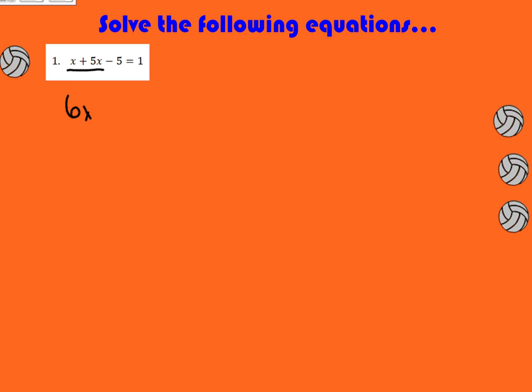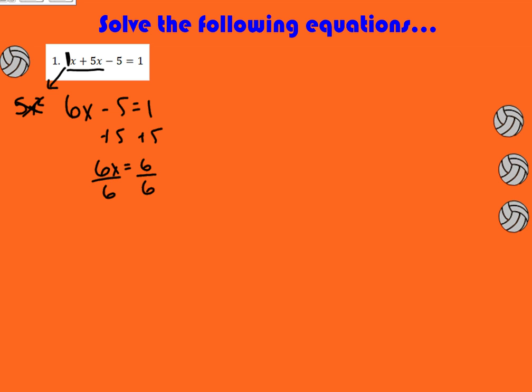Now, a lot of kids will look at this and give me something like 5x squared. They'll put the x's together like that. Don't do that. This is the equivalent of saying 1x plus 5x. So now, add 5 to both sides. 6x equals 6. Now divide.